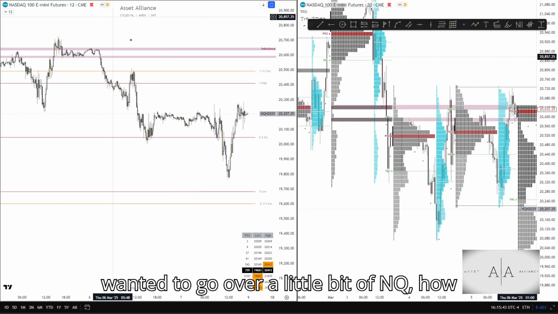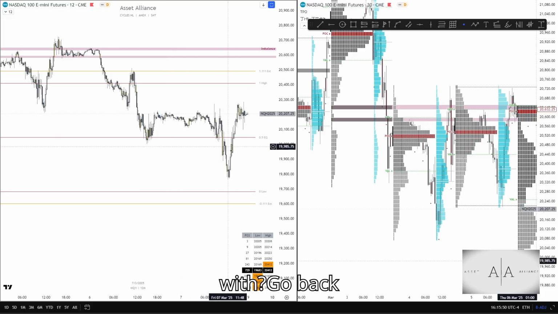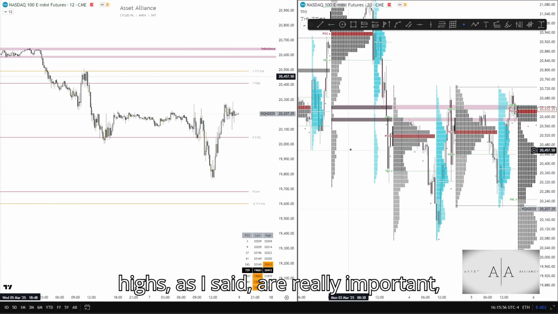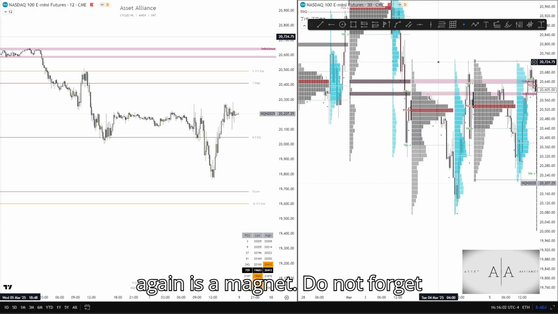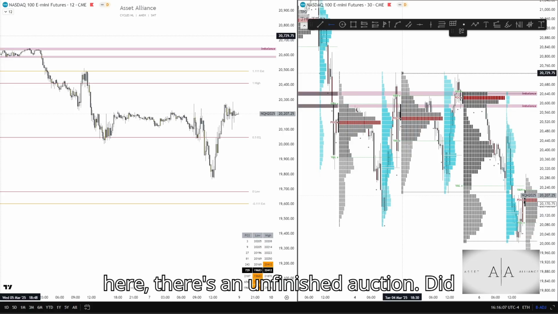I just wanted to go over a little bit of NQ, how it works, how to pair up TPO with Goldbach. Now, value area lows and value area highs, as I said, are really important, right? So you can use those as good support and resistance. Point of control again is a magnet. Do not forget about the unfinished auctions. Here, there's an unfinished auction.